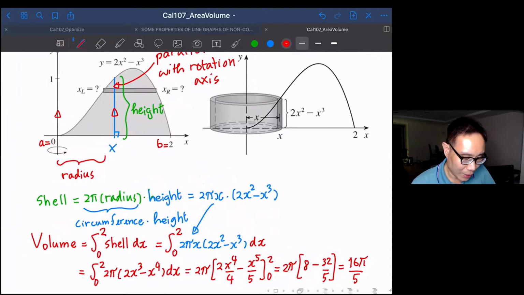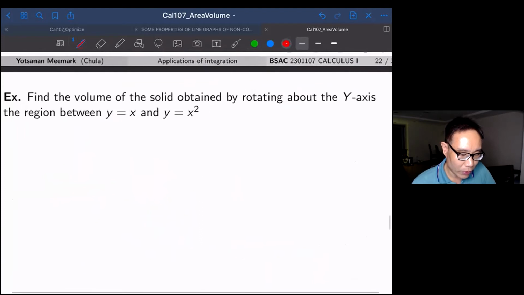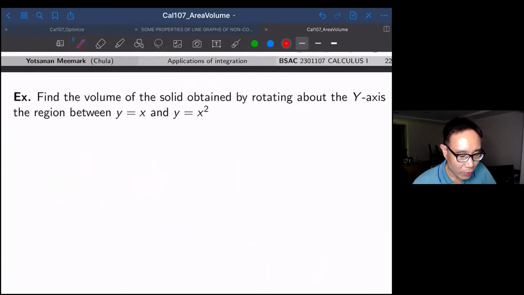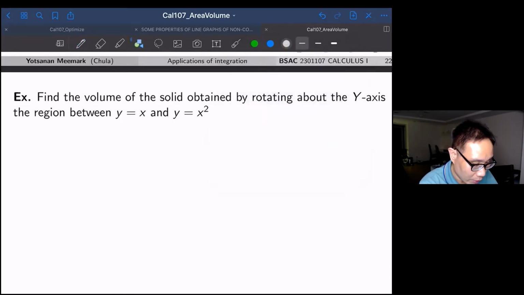Okay, so let me do one more. We would like to find the volume of the solid obtained by rotating about the y-axis the region between y equal to x and y equal to x squared. So first of all, let's graph these two functions.